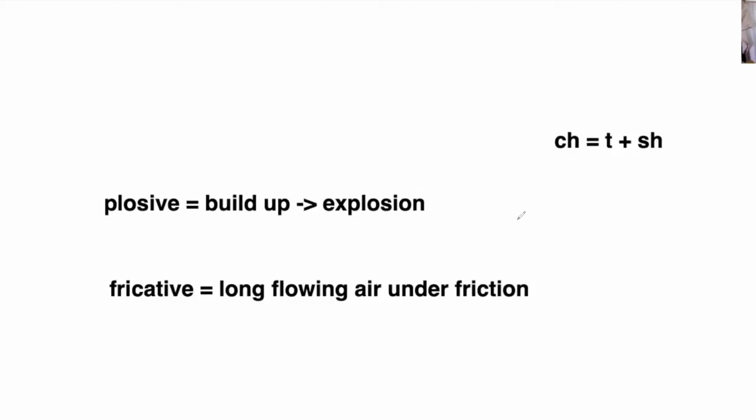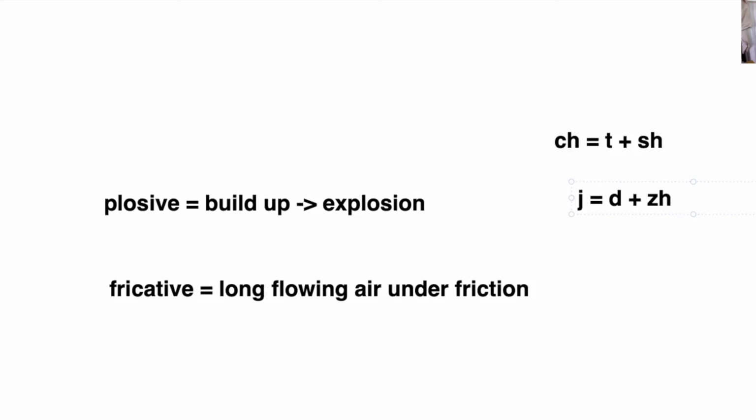So what's it going to be for the voiced part of that, the voiced pair? So for j, it's going to be j equals the voiced pair for t, which is d, and the voiced pair for sh, which is zh.